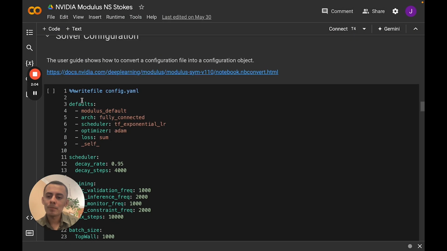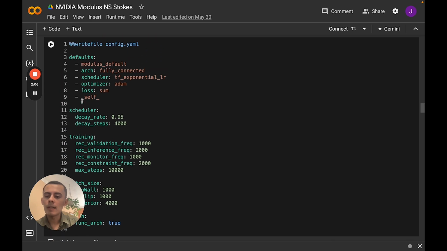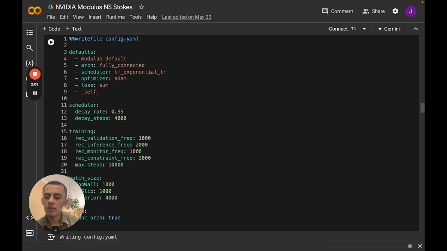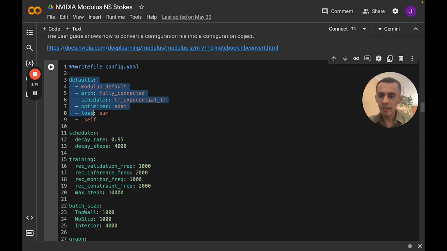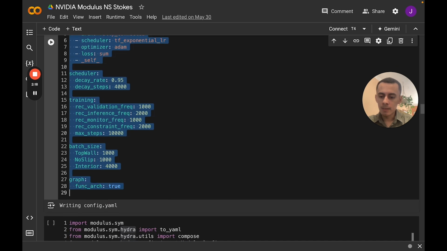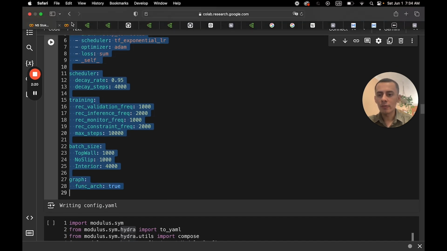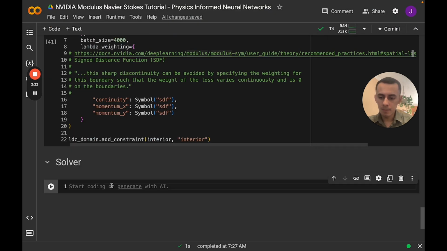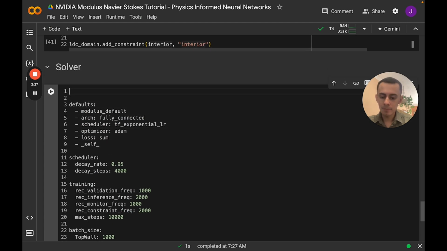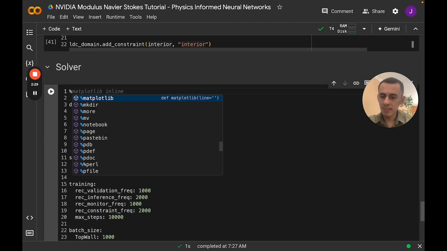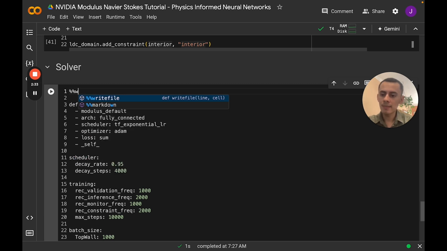Anyway, they have this configuration file, and we're going to use it. In this case, I'm just going to copy this configuration file. I'm going to use some notebook magic: percentage sign twice, not only once, file.